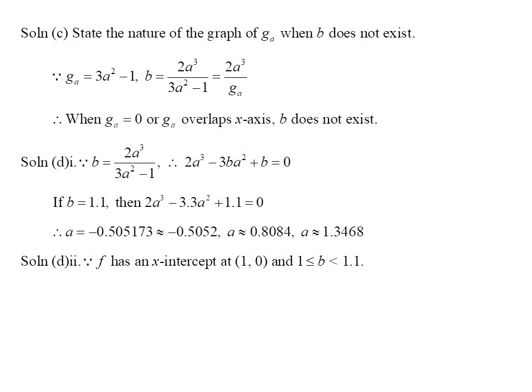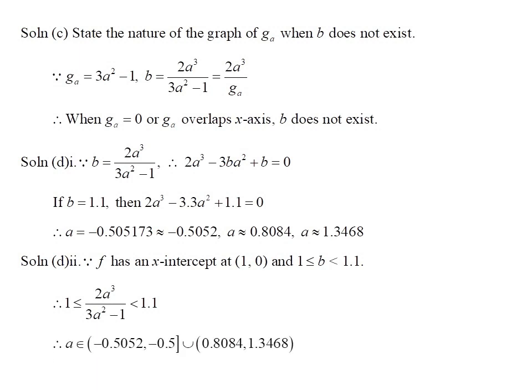Subpart 2 is to find the values of a for which b is greater than or equal to 1 but less than 1.1. Since b equals 2a cubed over the result of 3a squared minus 1, we need to solve the inequalities: 2a cubed over the result of 3a squared minus 1 is greater than or equal to 1 but less than 1.1.